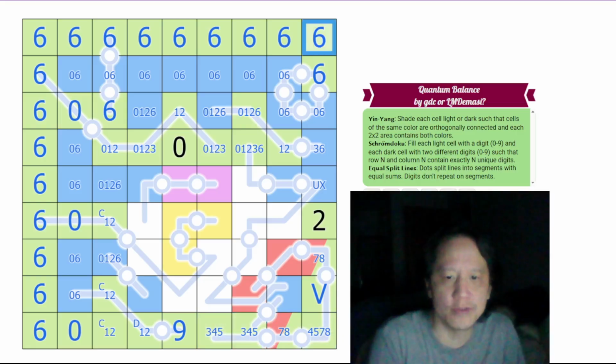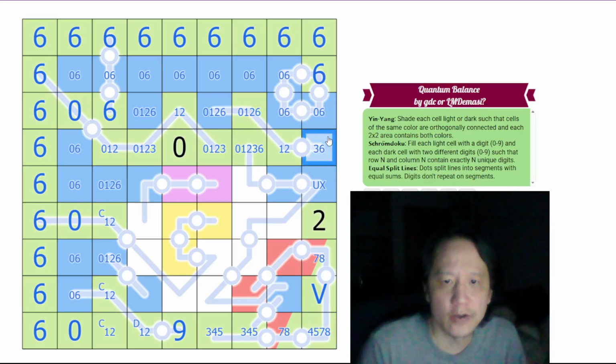This cannot be 3. It couldn't be 3 anyways because that's 3 there. So 3 and 4 adds up to 7. So this can never be 8. If this were 8, the problem is that it would force that to be 7, and 8 plus another digit would not add up to 7.